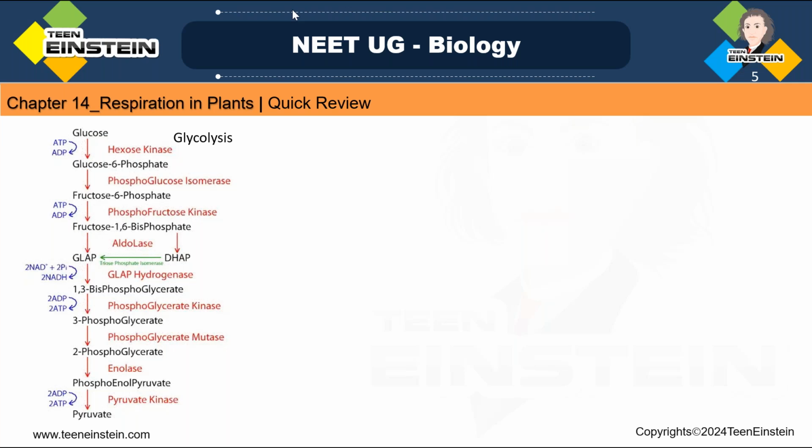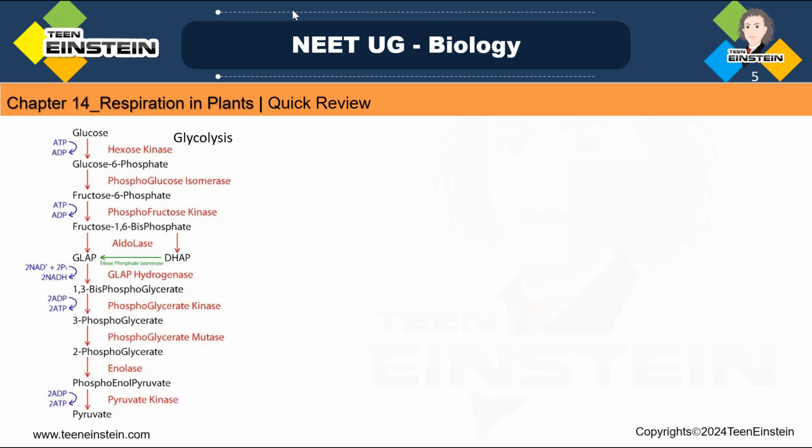In the presence of the enzyme pyruvate dehydrogenase, that forms acetyl coenzyme A, which is a 2-carbon compound, plus NADH plus H plus plus carbon dioxide. Here carbon dioxide is getting released. Okay, so this is the summary of the reaction.